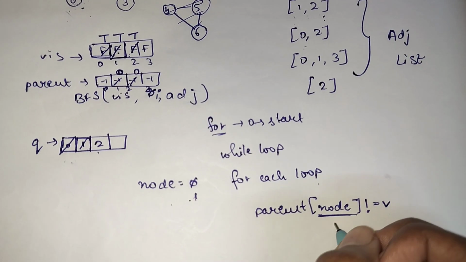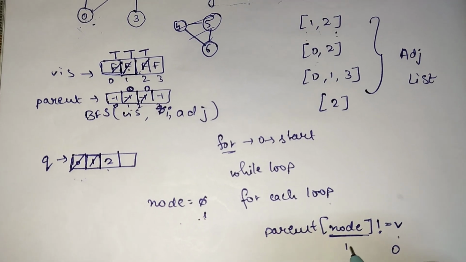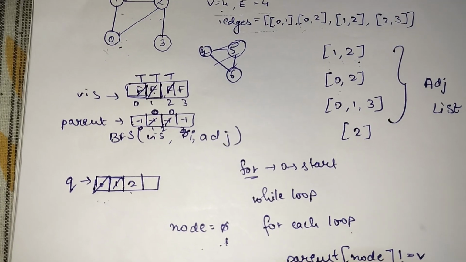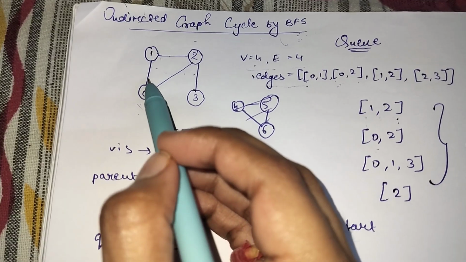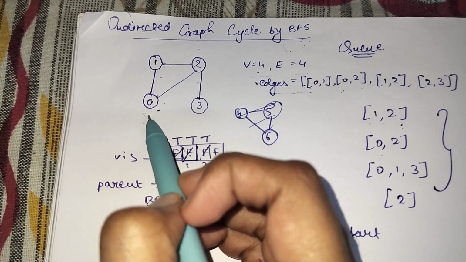Here my node is 1, v is 0. So parent at 1's position is 0 and v is 0, so this is equal. That means we are actually considering this same line only. It is not that some other line from somewhere else is coming and creating a cycle.